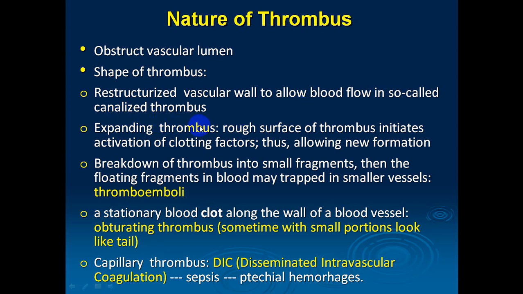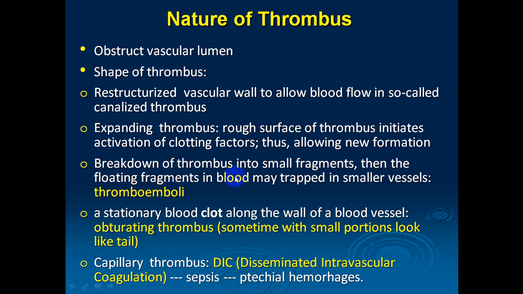Then if a thrombus happens, its rough surface initiates more fibrin formation. So there is what we call a productive thrombus. In particular, this happens if the inflammation or the endothelial damage occurs for a prolonged time.